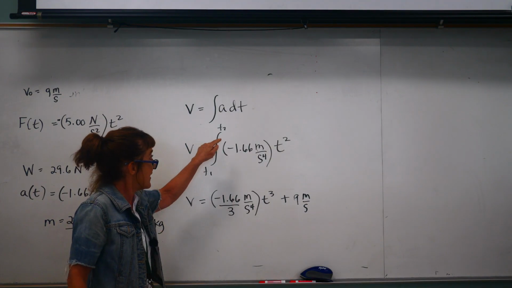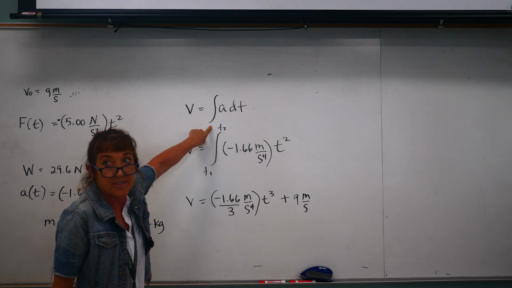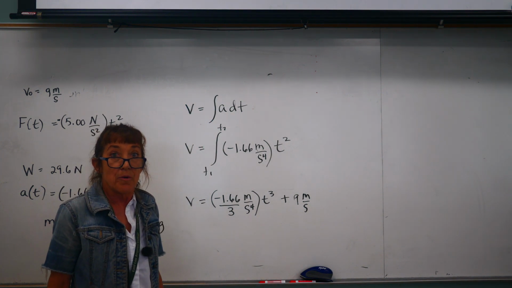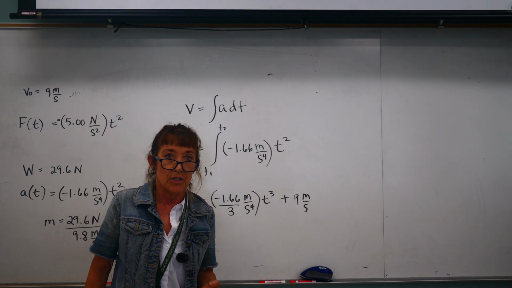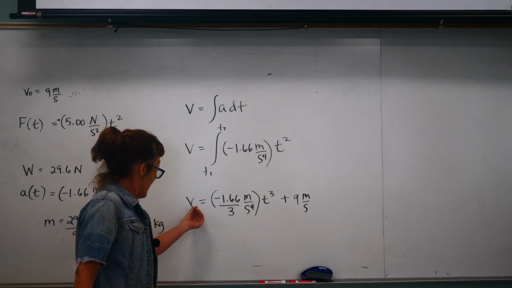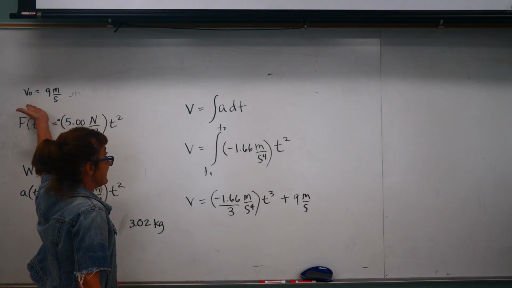We're actually solving for time 2, right? Yeah, that's what we will be solving for. And then where did you get the 9 from? Read the problem, it's given in the problem. Because I know that v at t equals 0 is equal to 9. The problem gives us that.